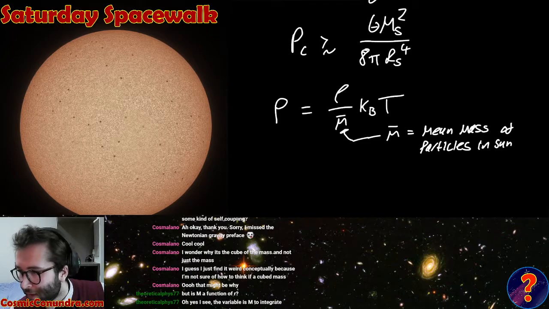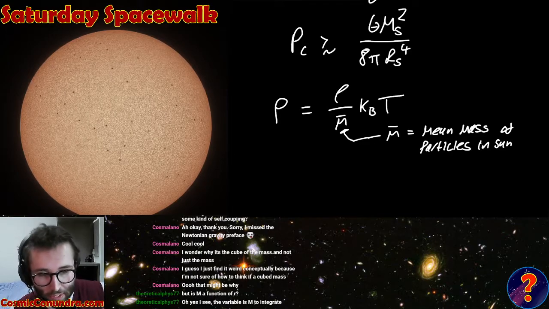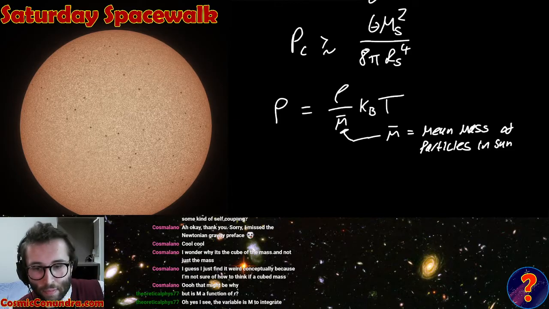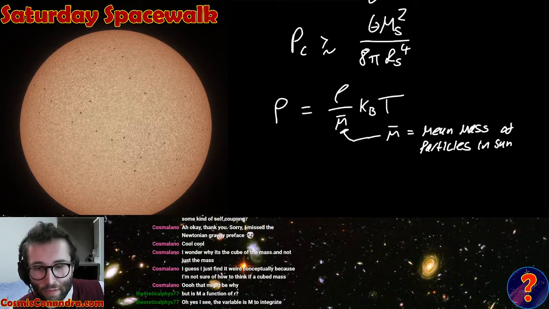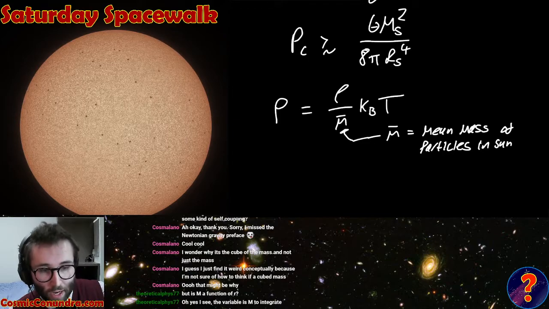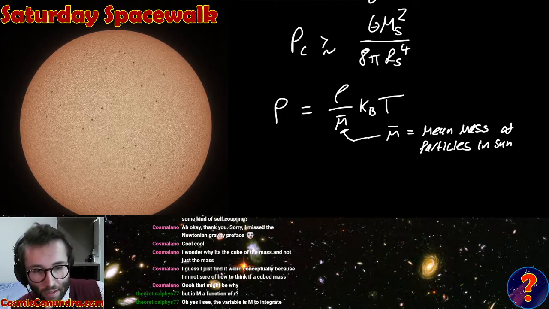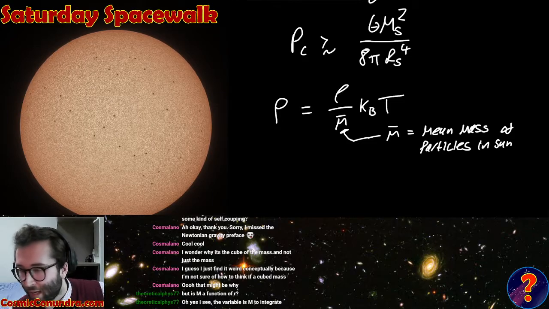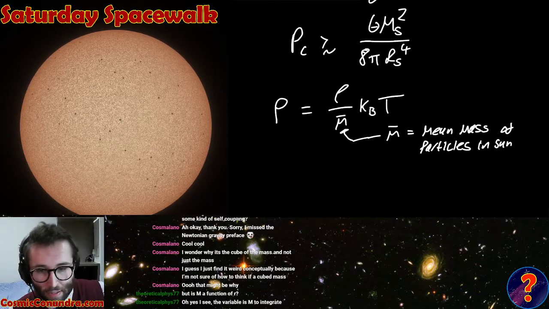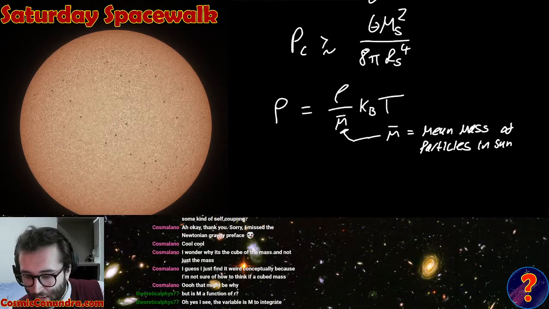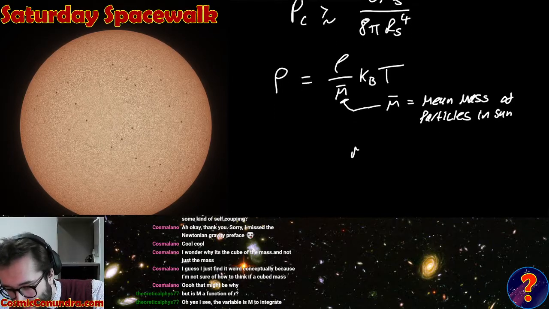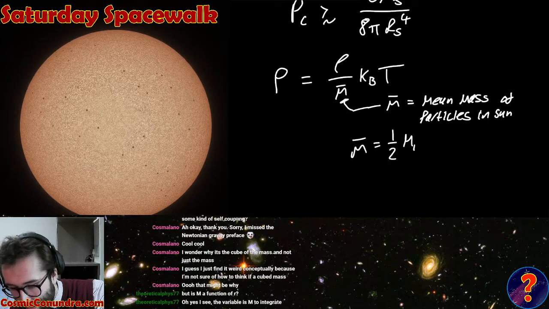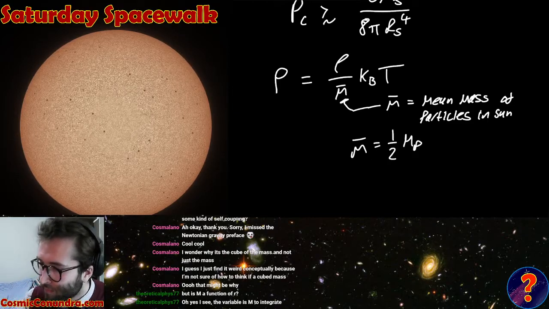And because there's the same number of protons as there are electrons, 50% of each, your average mass will be one half the mass of the proton plus the mass of the electron. But the mass of an electron is about 1,000th the mass of a proton. So we're just going to approximate the mean mass as 1/2 the mass of a proton. Okay?